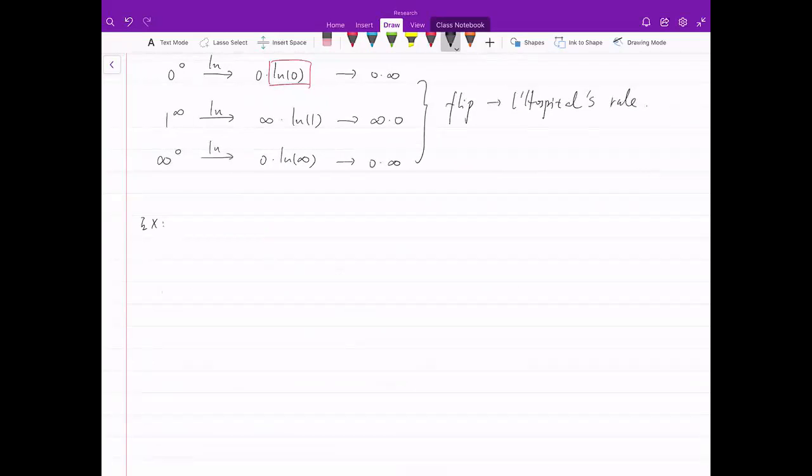Let's try one by yourself. What's the limit? Indeterminate. But as we said, take the log, try to finish.